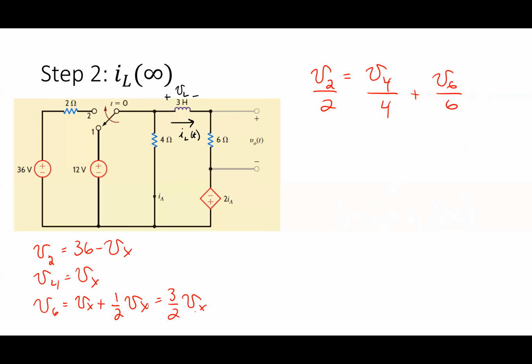Right, like that. So what do I do? I put all that into this equation now. I say this V2, this 36 minus Vx over 2 equals Vx over 4 plus 1/6 of 3/2 Vx.